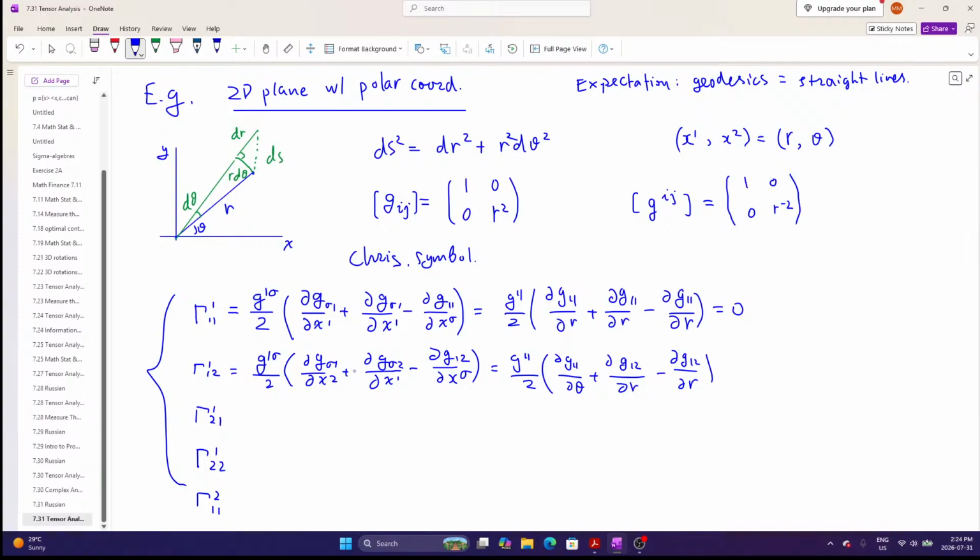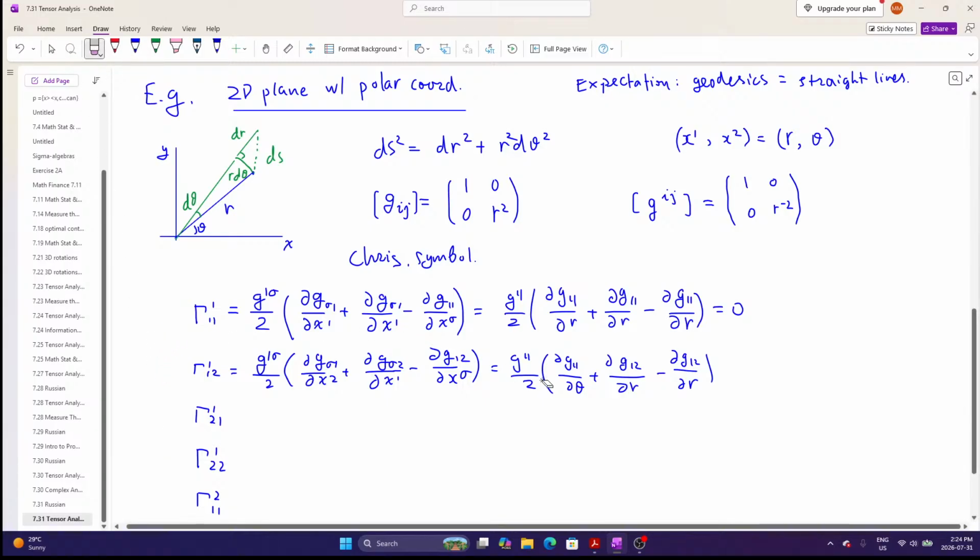You don't need to write it. So is this non-zero or 0? Here, g11 is 1, but it's a constant, so the derivative of g11 over theta is 0, and here g12 is also 0, so this is 0.